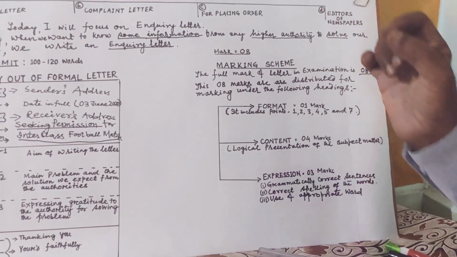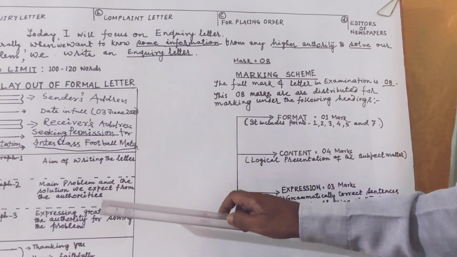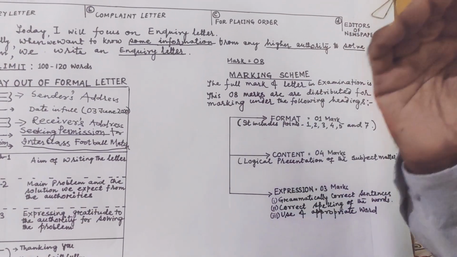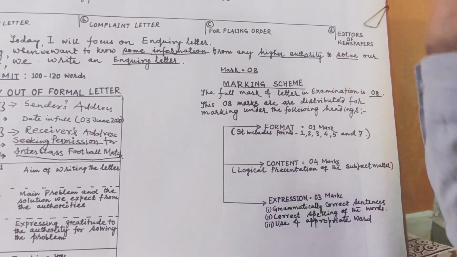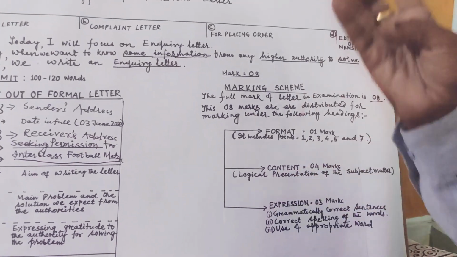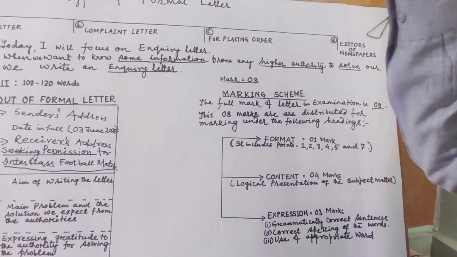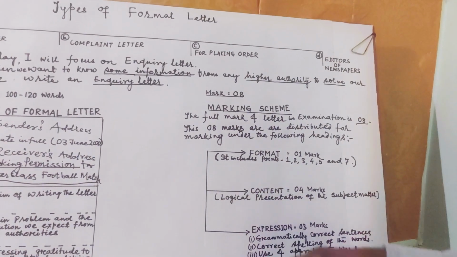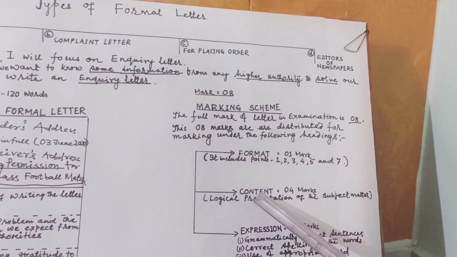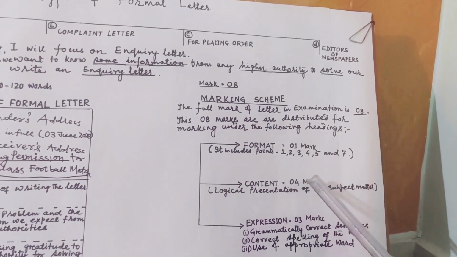The examiner wants that as per the question, we should write the body of the letter and develop our answer very systematically in a logical manner. What do I mean by this logical manner? We must have an introduction, then we should explain, then we will properly conclude our answer. If we present our content the way I said, CBSE has prescribed 4 marks.